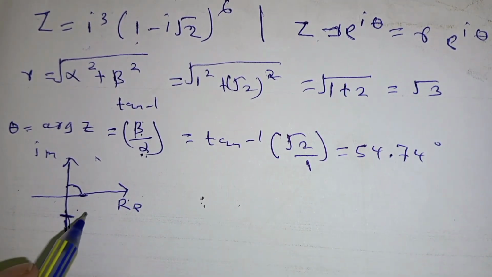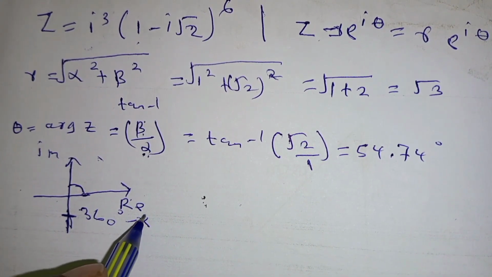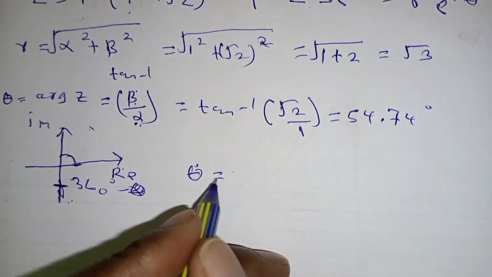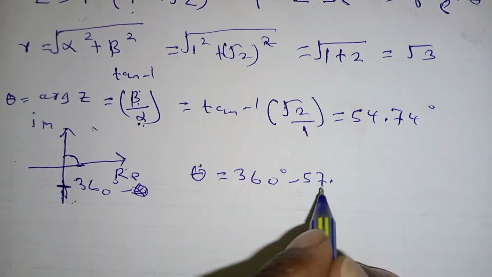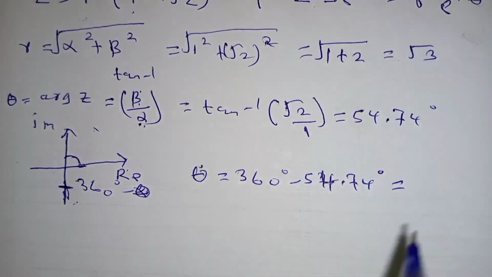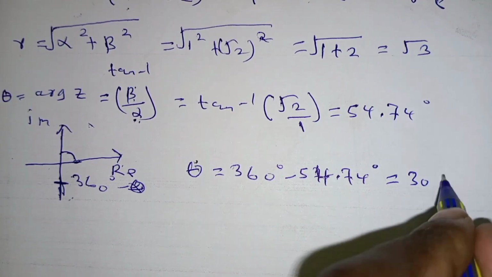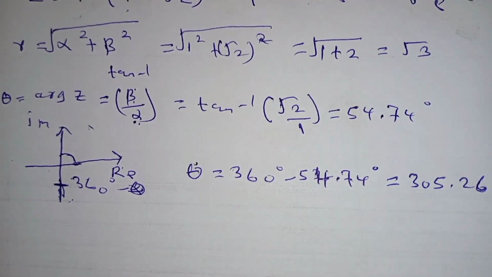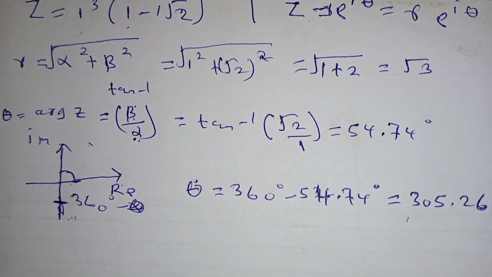So to get the argument here, it will be 360 minus 54.74 degrees, which will give you 305.26 degrees. That is our argument.